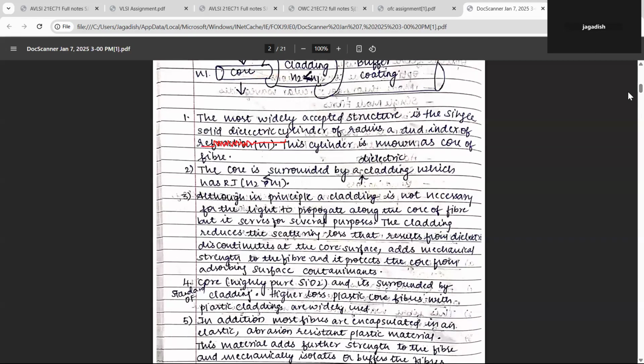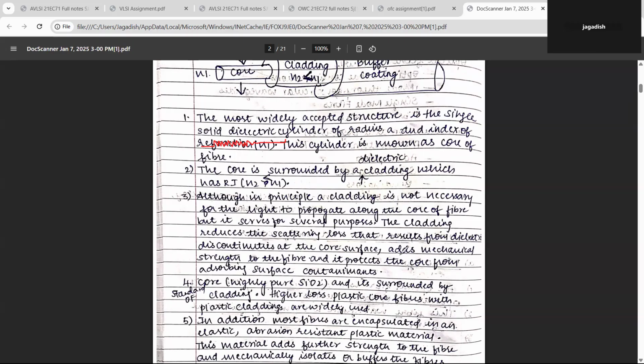Okay, core. I have told what the cladding's work is and what the core's work is. Core is made up of highly pure silicon dioxide and it is surrounded by the cladding. Higher loss plastic core fibers with plastic cladding are also used.